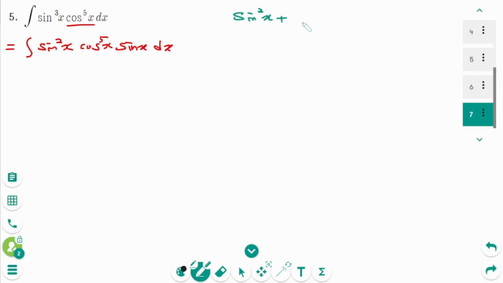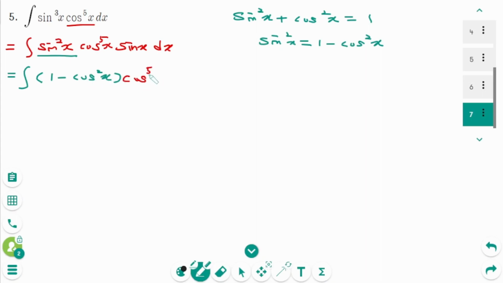Sine squared x plus cosine squared x equals 1. Sine squared x equals 1 minus cosine squared x, equals integral. This part is 1 minus cosine squared x, then cosine to the power of 5 sine x dx.